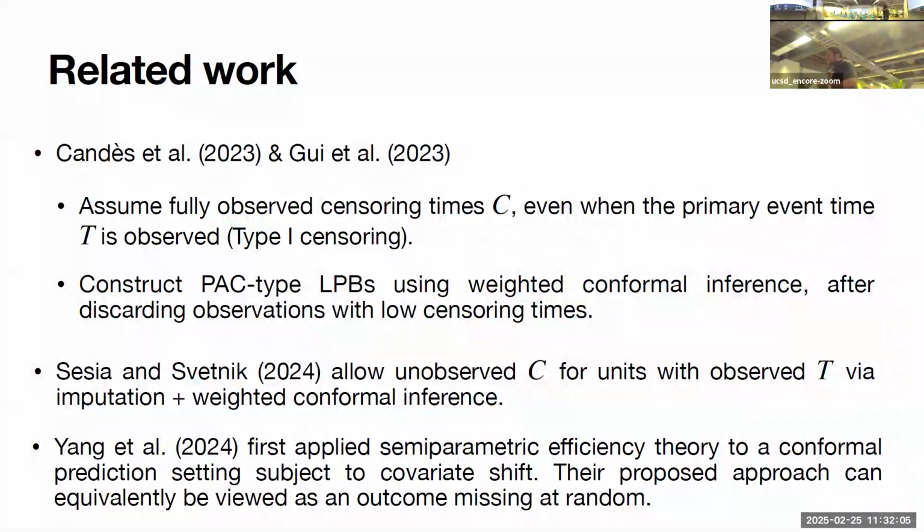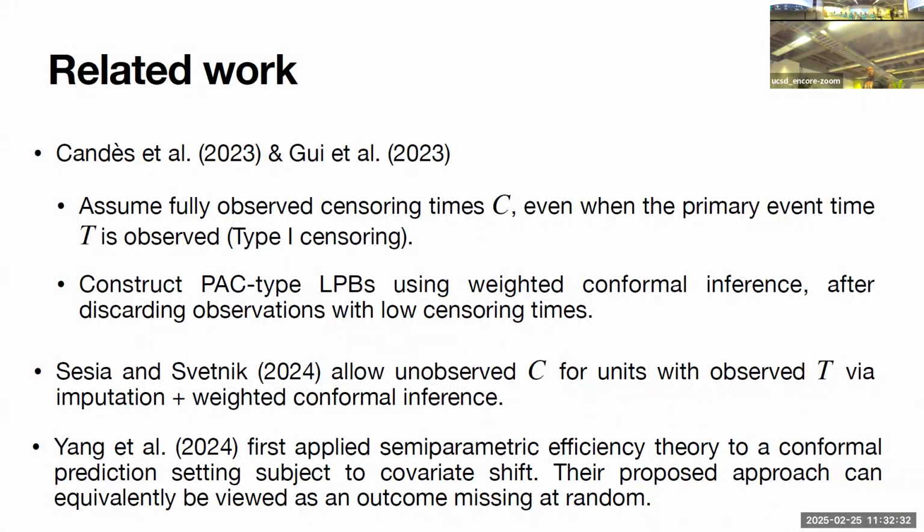If you think about the example I mentioned earlier of administrative censoring, if that were the only source of censoring, then you know exactly what the time to censoring is, both for individuals who were censored before experiencing the event, and for individuals who experienced the event before being censored. This is known as type 1 censoring, where the time to censoring is always observed.